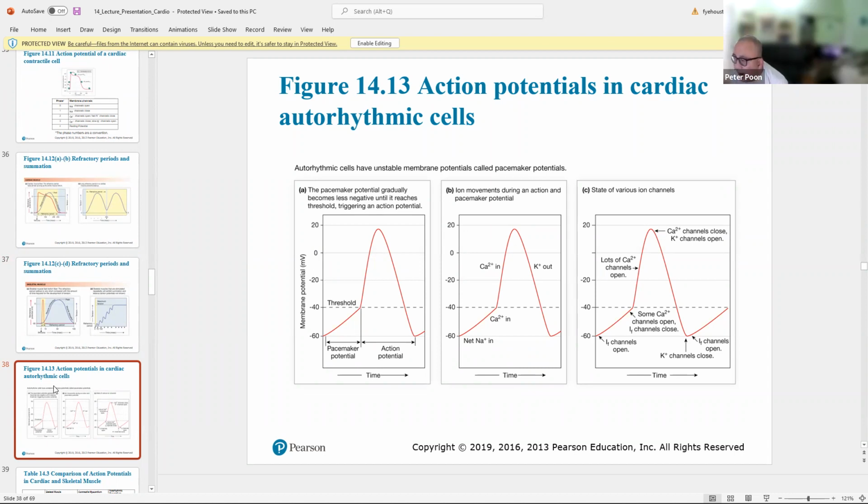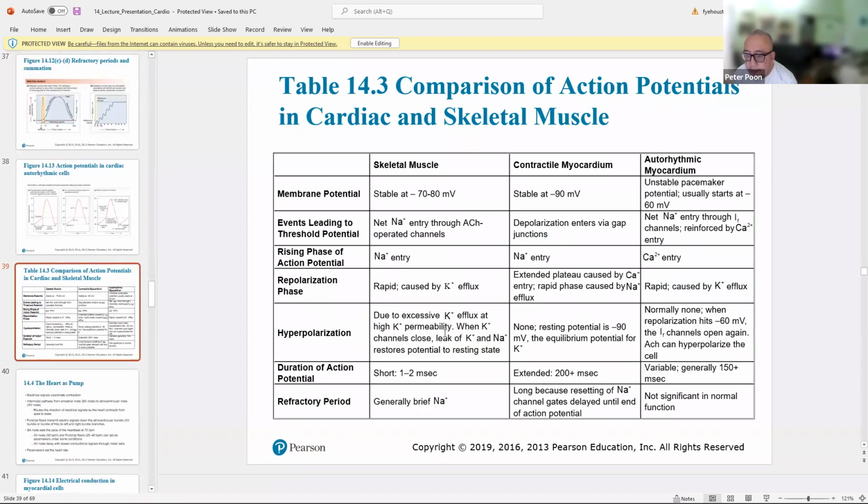How the pacemaker works: the pacemaker will naturally leak, and that will allow it to cross the threshold, and the threshold will allow calcium to come flooding in. It will cause an action potential, and then the action potential can spread.